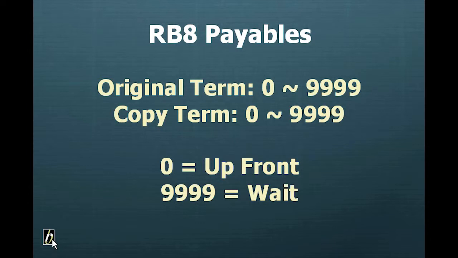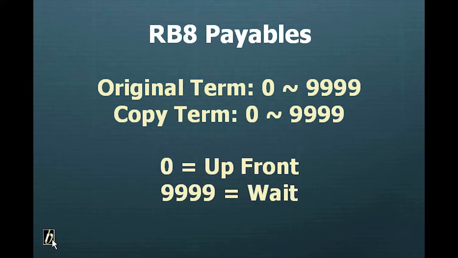The term can also be any number of days, such as 180. For example, I have seen some firms that set the copy term to 180 days. What that really tells RBA is to wait 180 days before releasing this invoice to the resource, or if the invoice is paid within the 180 days, then we'll go ahead and pay the resource.